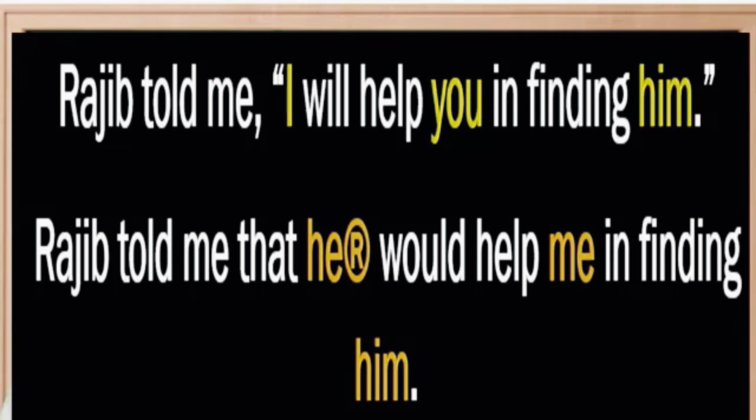There is another person in the last part of the sentence, him, which is third person singular number. That's why we won't change it. And this way we can easily change the persons of a reported speech.